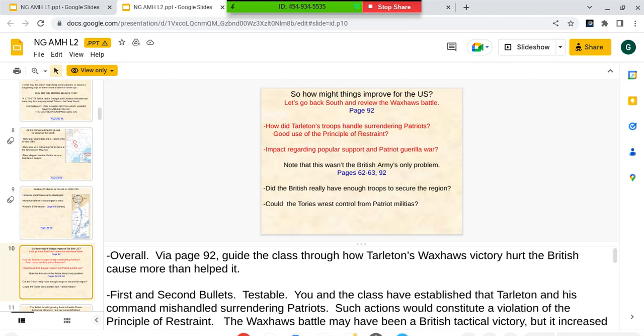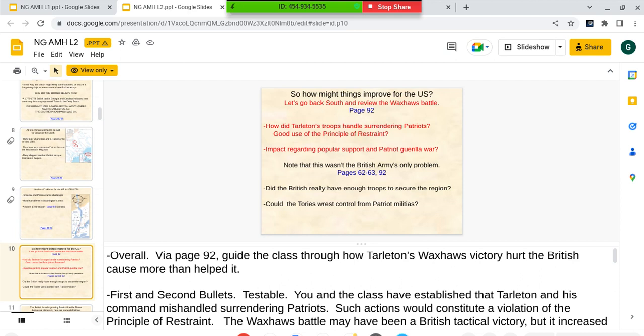The Waxhaws battle showed a poor use of the principle of restraint because Tarleton slaughtered a bunch of people who surrendered to him, and I guess they hoped that would eventually make everyone afraid of the British and make everybody give up, but it did just the opposite. Slaughtering all those people who surrendered actually encouraged a lot of people to enlist in the militia and start fighting the British and hating the British.